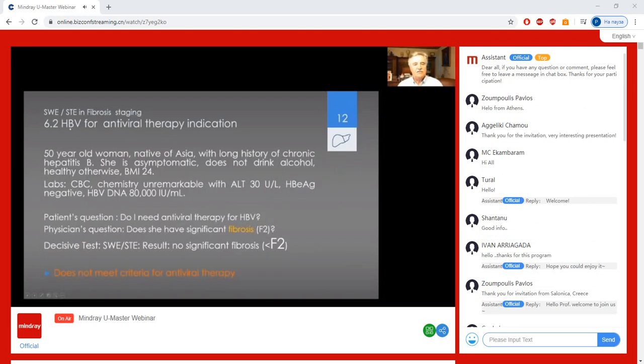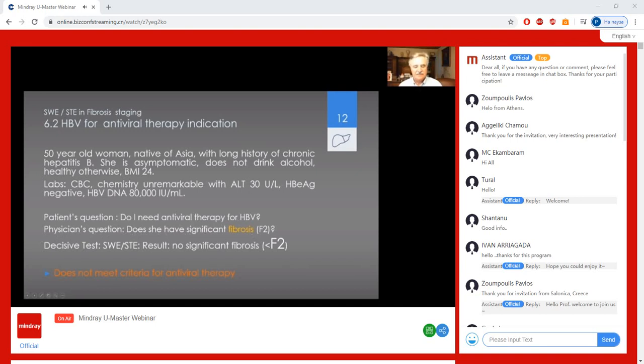This is a case of an HBV patient for antiviral therapy indication. Those are the clinical facts and the labs. The patient's question is, do I need antiviral therapy for my HBV? And the physician's question is, does she have significant fibrosis?